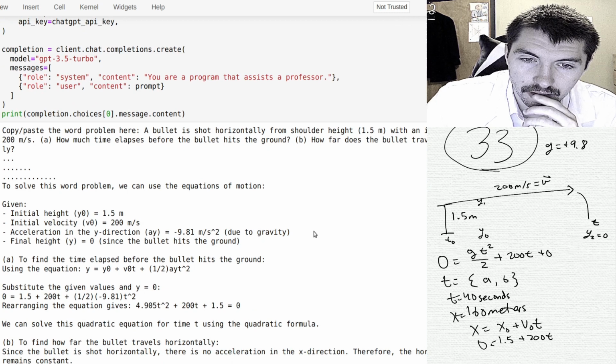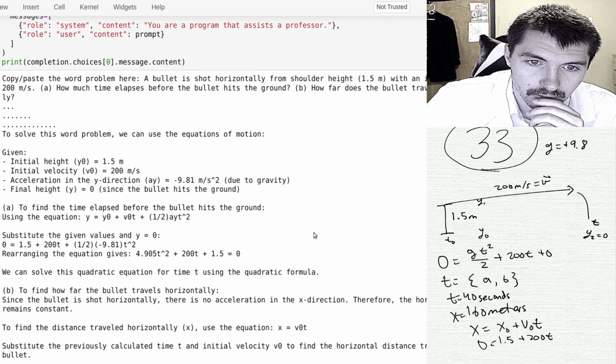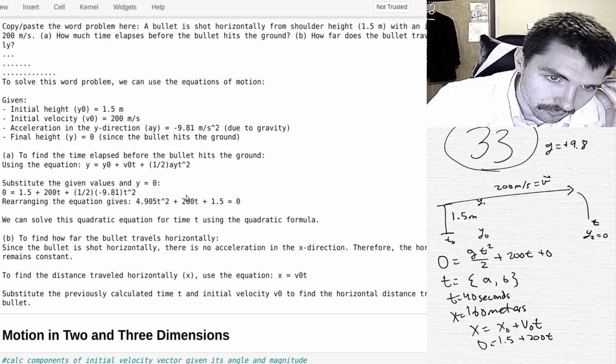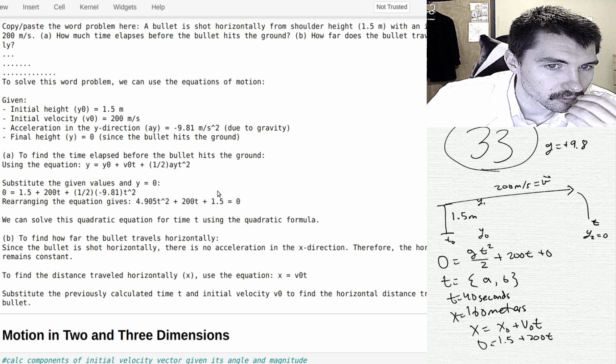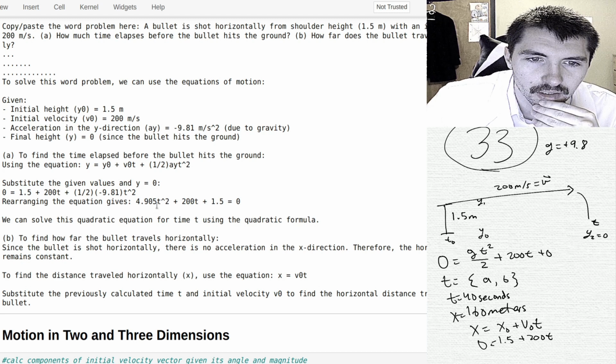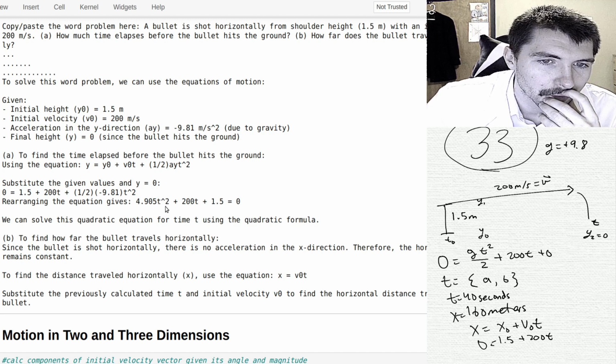Now it wants negative gravity. This is driving me crazy. Okay, so here they did what I got. Except how did they get that? Oh, I see what they did.